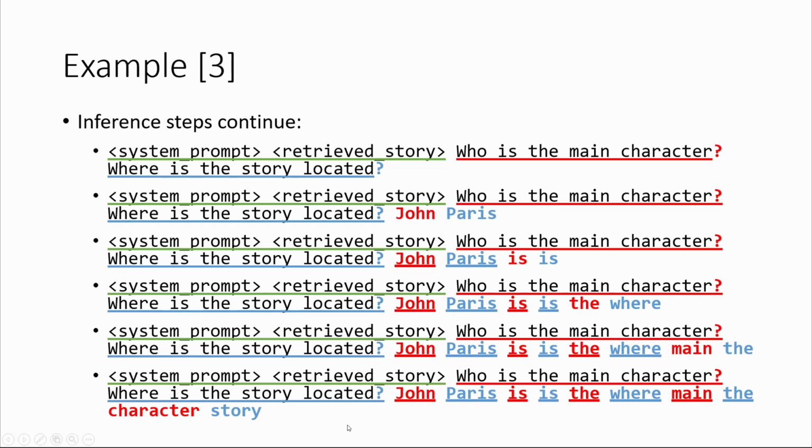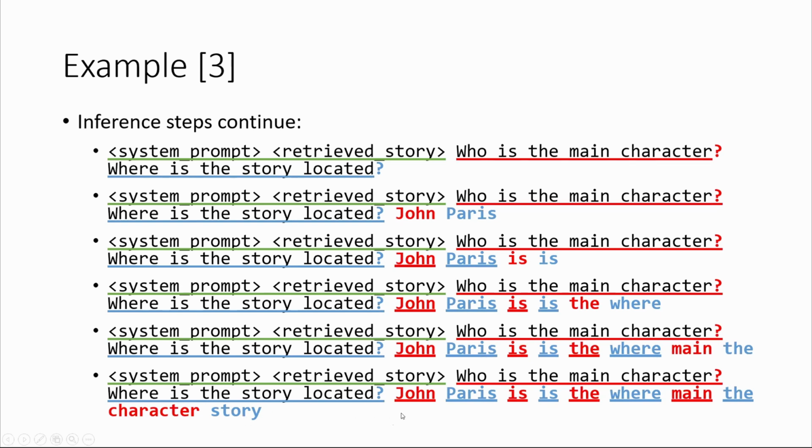And so the way you then have to read this out is: system prompt, retrieve story, who is the main character? John is the main character. And system prompt, retrieve story, where is the story located? Paris is where the story, and we didn't quite finish that sentence yet.